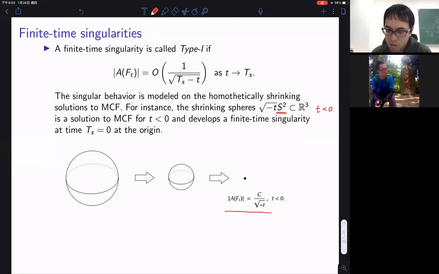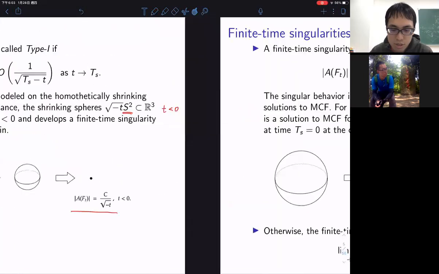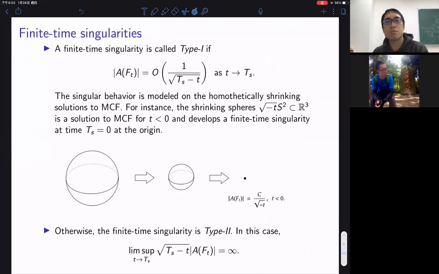If it is not type 1, then it is called type 2. This is a very rough classification. Therefore, the type 2 singularity does not have a specific rate of blow up, so it is harder to control.